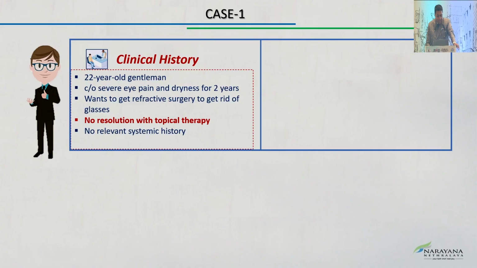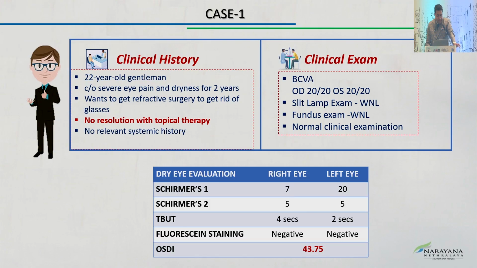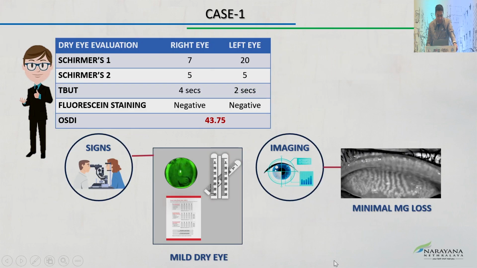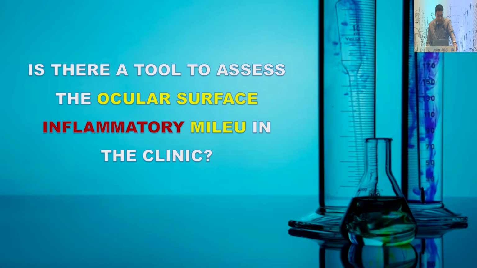In the interest of time, I'll run fast through this particular case, a patient with non-resolving pain. You can see that his TBUT is low, but no staining, and the eyes look very calm. All the other parameters look completely healthy.